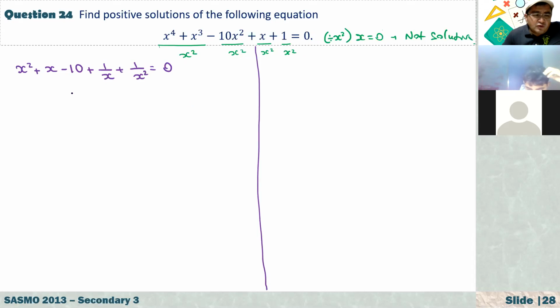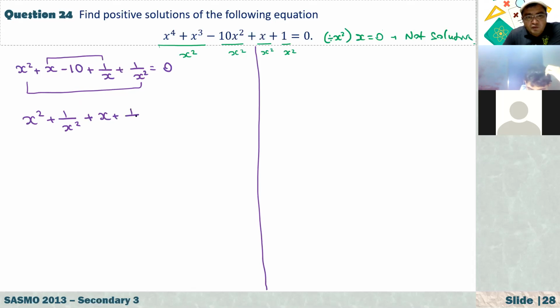Now let me just regroup this in this way. The first with the last term, all right? The second with the fourth term. Now what do we have here then? Here we have x squared plus 1 over x squared. And plus, here we have x plus 1 over x. And here we have minus 10 is equal to 0, right?